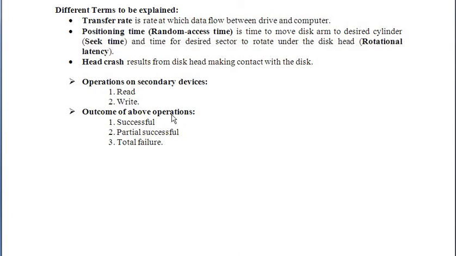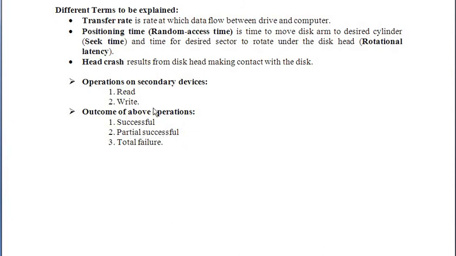Now what will be the outcome of the above operations? One of three things will happen. One is that the read or write operation is successful. That means if you want to read something, you will get it, and if you want to write something, you will write it successfully. Another is that it might be partially successful.